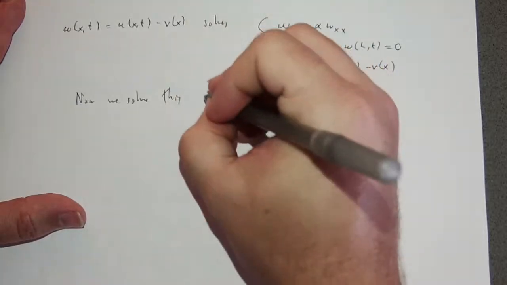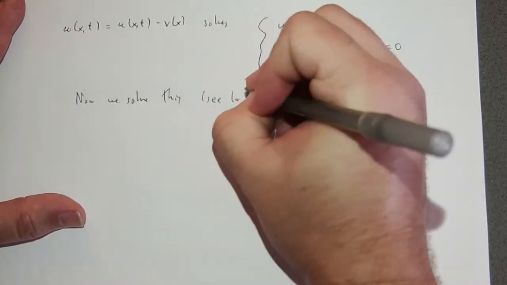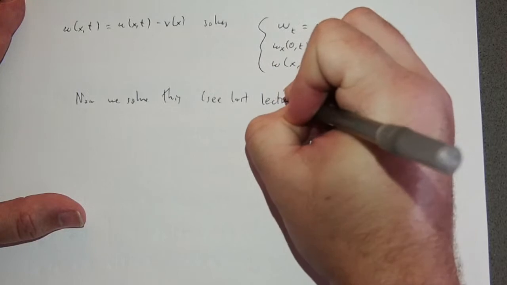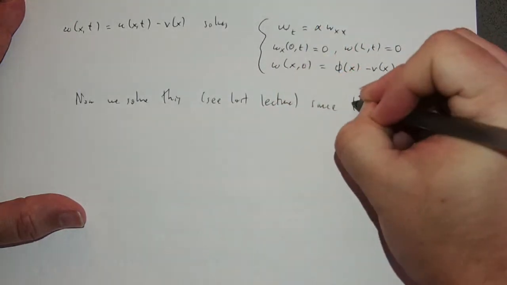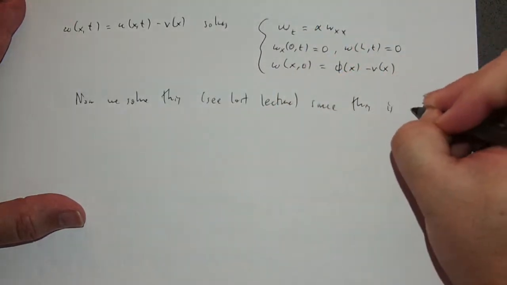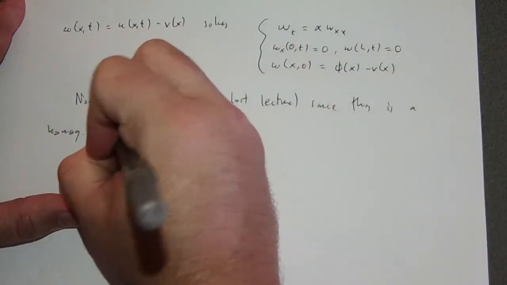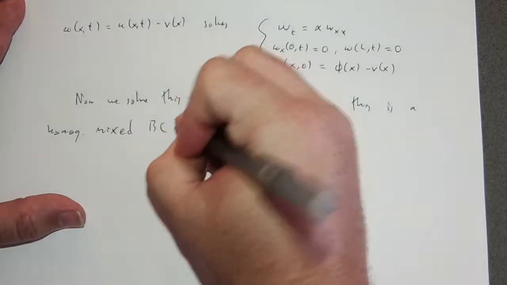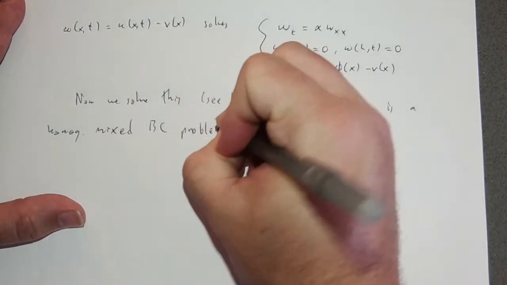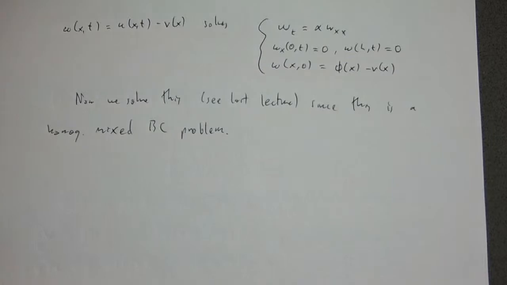For this, see last lecture, since this is a homogeneous mixed BC problem, which we had added to our list. We're talking about eigenvalue problems. This was on our list, the last one we added.